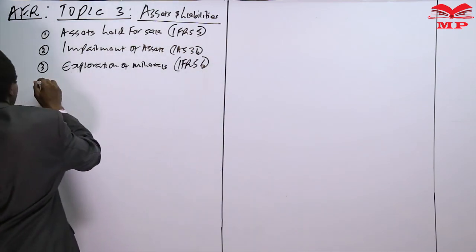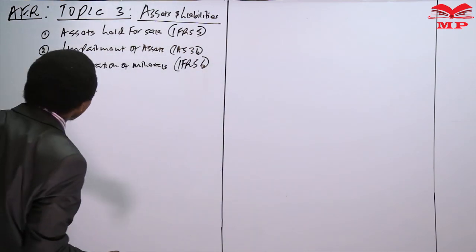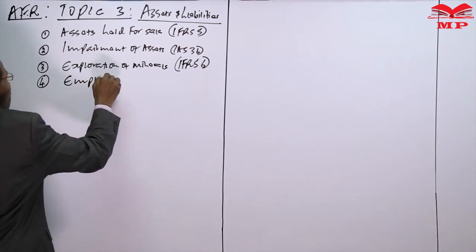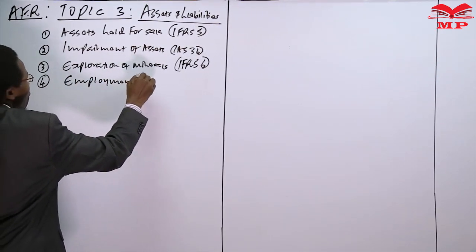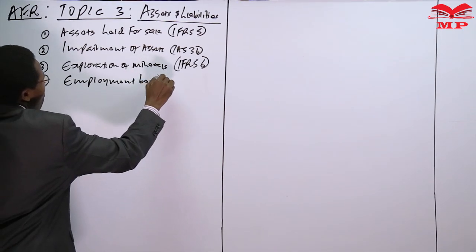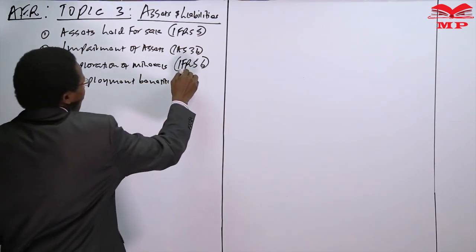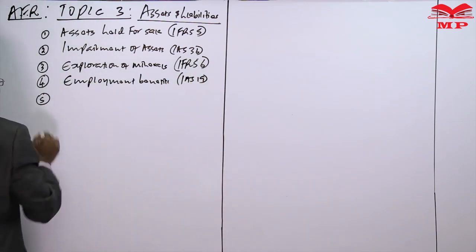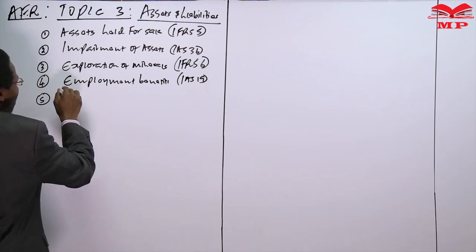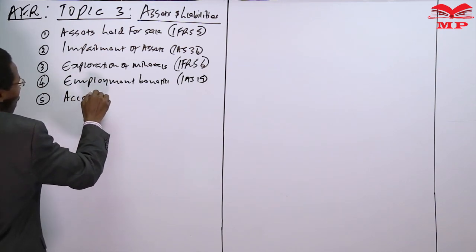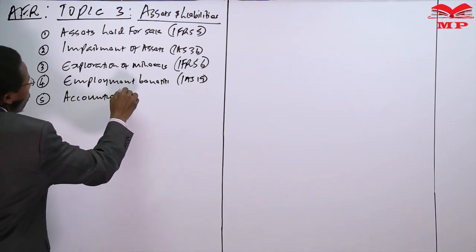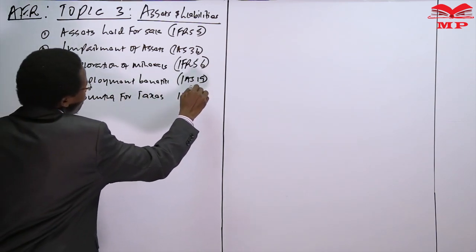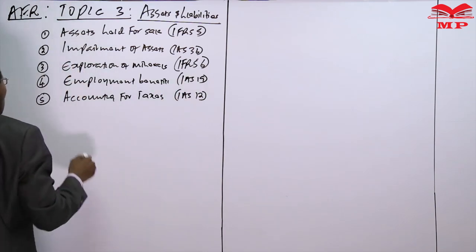We'll also want to deal with employment benefits. That is IAS 19. We'll also want to deal with deferred taxes, accounting for taxes. That is IAS 12.